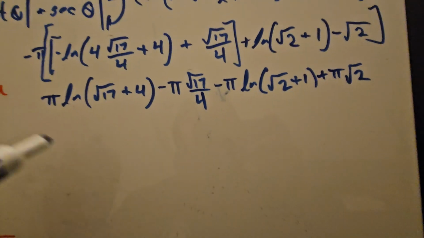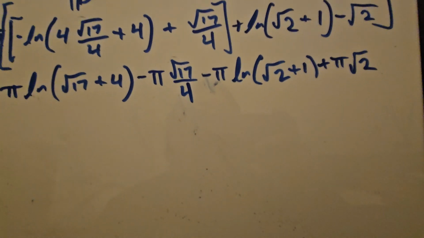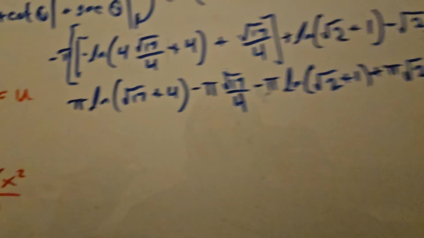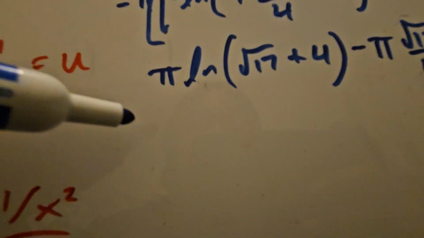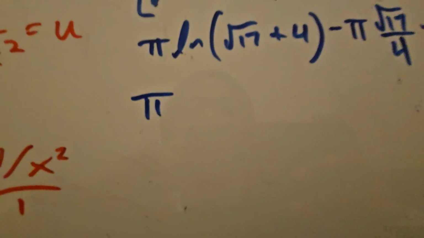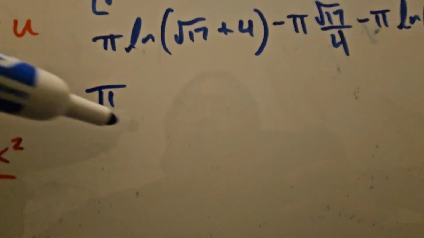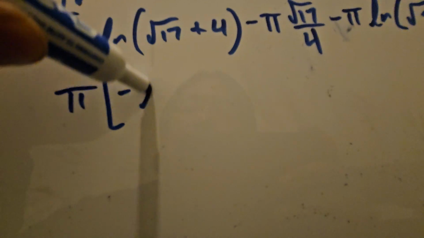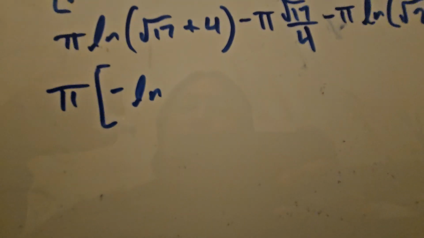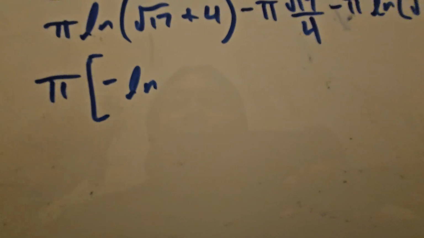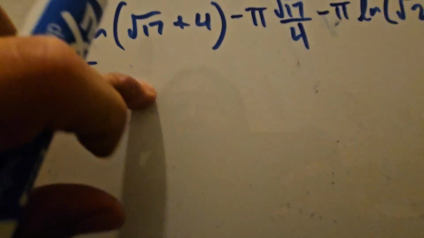Okay, so now we are going to factor out. I know this sounds weird because we already distributed. We're going to factor out a positive pi. So let's go ahead and factor out a positive pi. We're almost done. I know it is like 33 minutes. So it's going to give us negative ln. Actually, I don't think that would. No, I'm sorry.